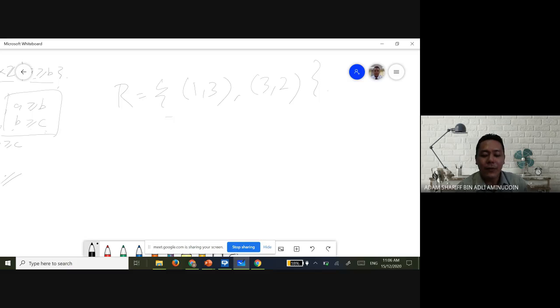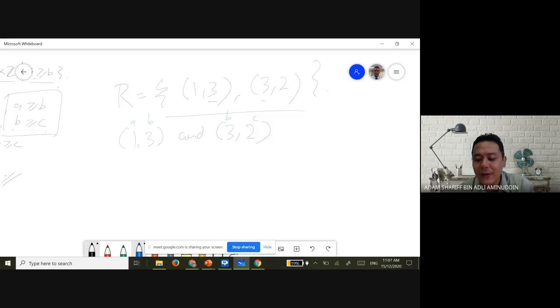For this question of undefined relation, you only have 1-3 and 3-2. Okay? So, for this case, you have the B. B tu maksudnya B yang sama. So, you check 1-3 and 3-2. This is A, this is B, this is B, this is C. So, you have a B right now.